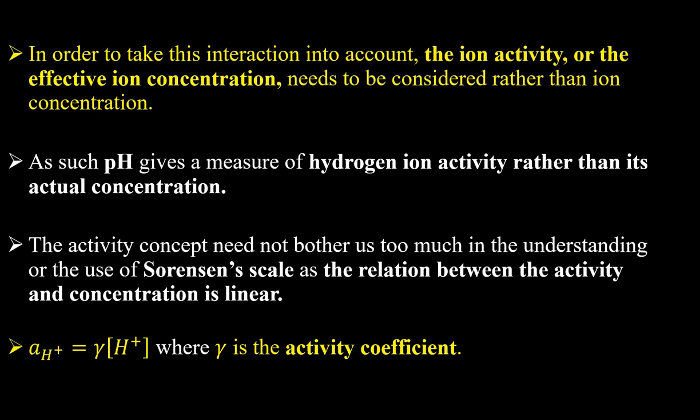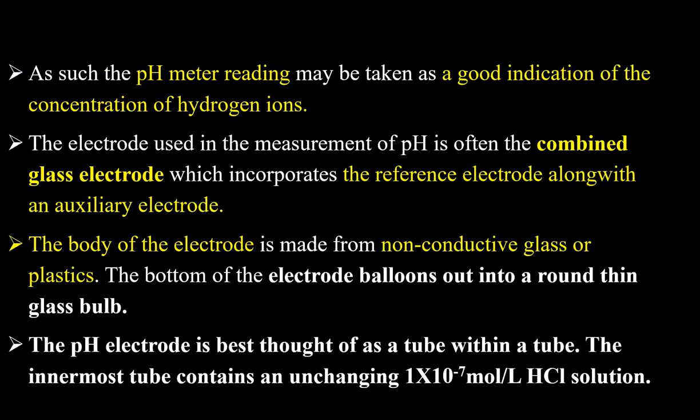The activity concept need not bother us too much in understanding or using the Sorensen scale, as the relation between the activity and concentration is a linear one, which is given as a_H plus is equal to γ times the concentration of H plus, where γ is the activity coefficient.